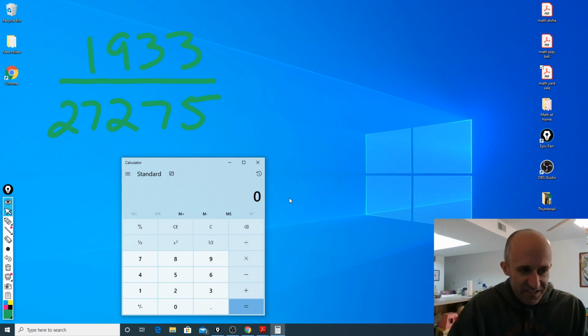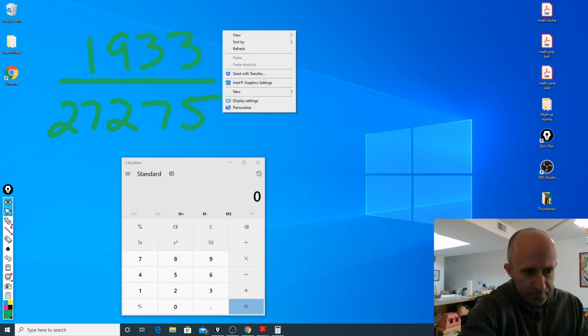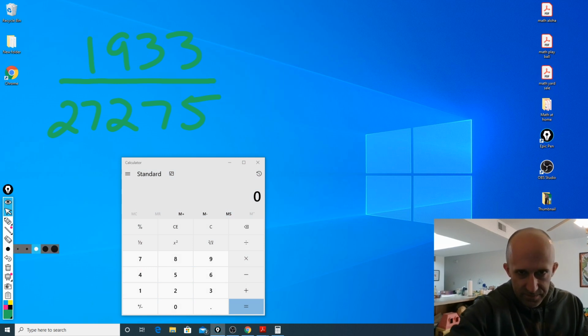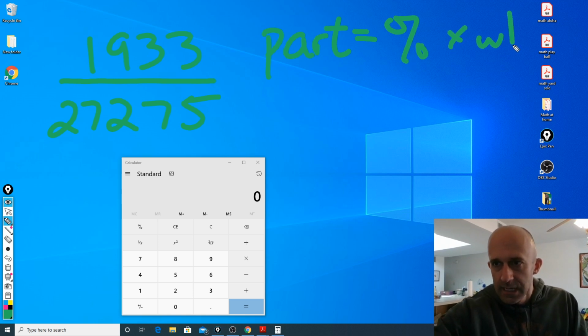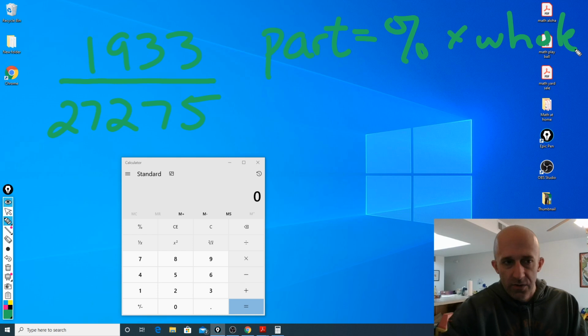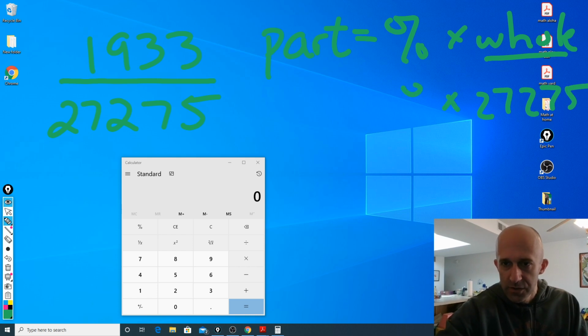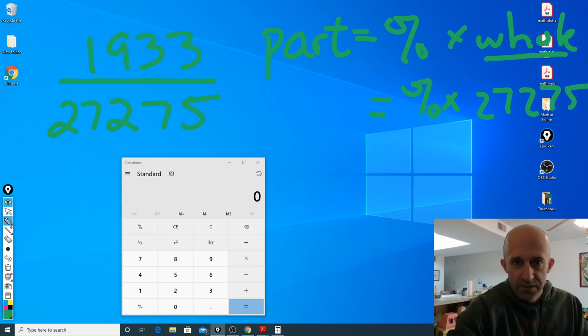So you remember this. You're trying to find what percentage. Remember, part equals percent times whole. Well, we know that the whole amount is 27,275. We don't know the percentage, and we know that the part is 1933.